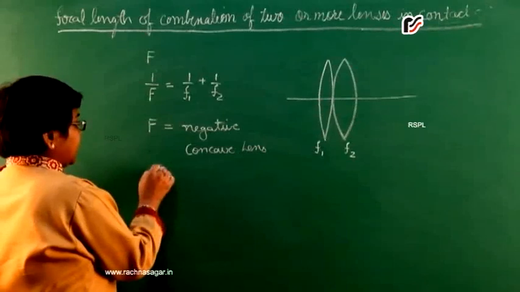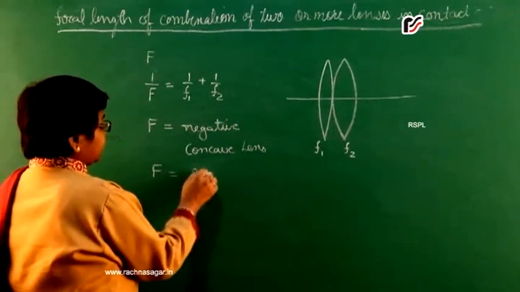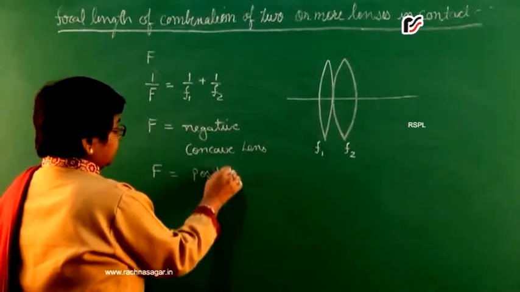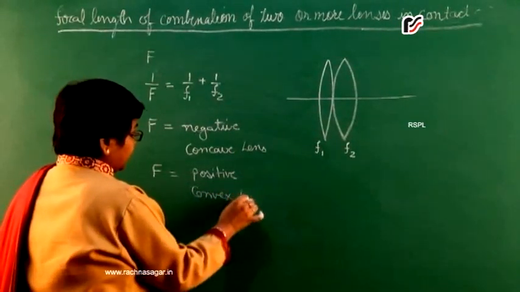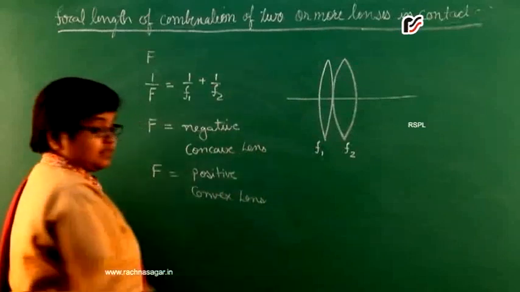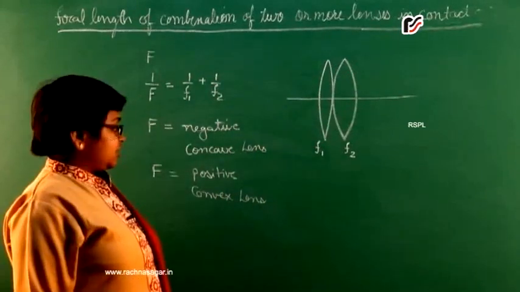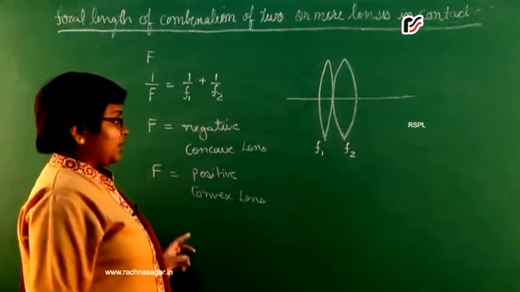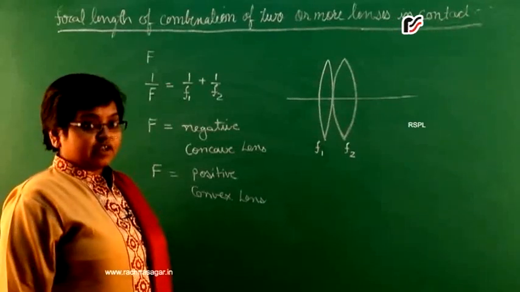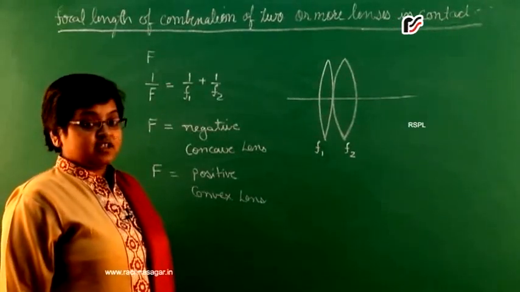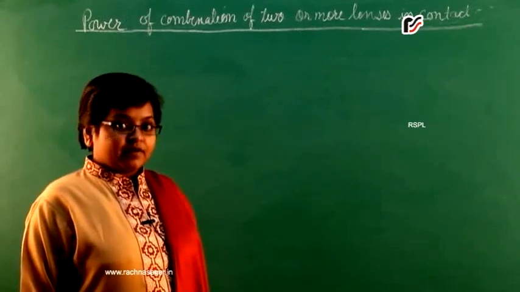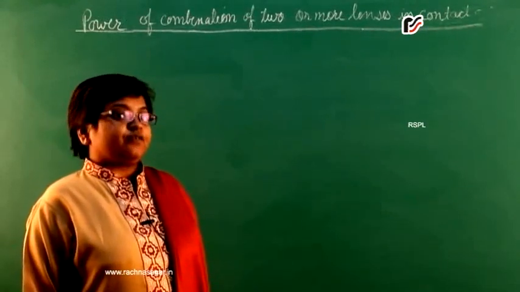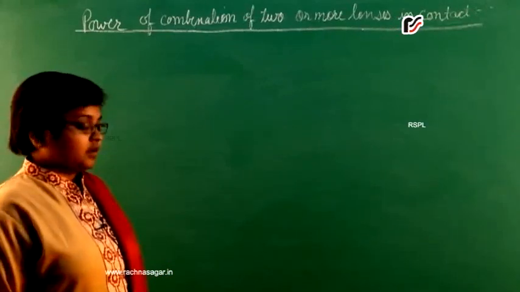If F has a positive sign, then the combination behaves like a convex lens. So this is the formula to find the focal length of the combination of lenses, that is the equivalent focal length. Now we discuss the power of the combination of two or more lenses which are in contact.